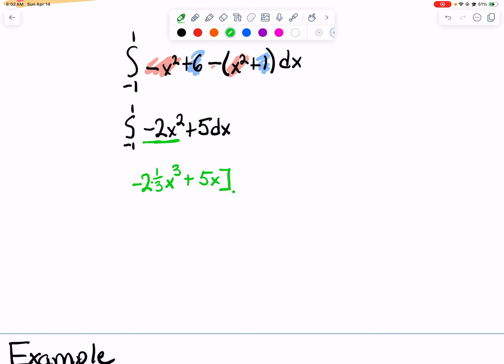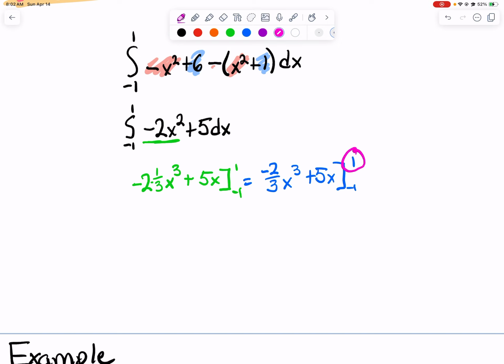From there, we're going to take our bounds and plug those in. I'm going to quickly simplify this one last time to make it a little bit easier. So it's negative 2/3 x to the third plus 5x from the bounds of negative 1 to 1. Let's test that here.